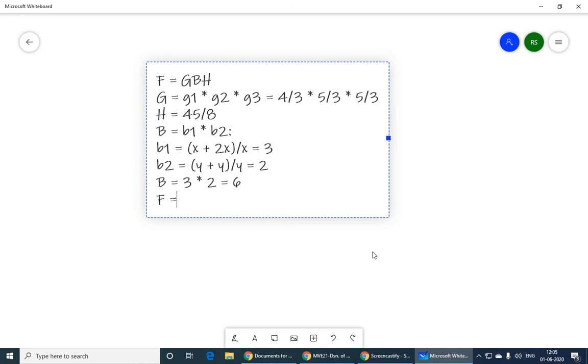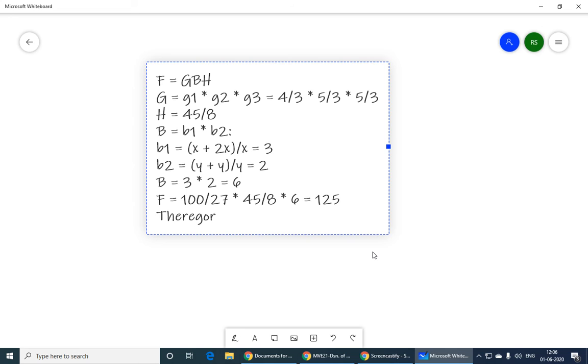F equal to G into B into H, which is equal to 27. This is capital G multiplied by 45 by 8 multiplied by 6 equal to 125.